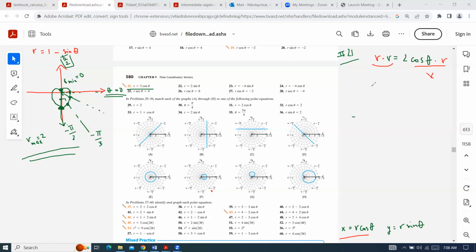And here we have r squared, and we already know that x squared plus y squared is equal to r squared, Pythagorean theorem. So this will be x squared plus y squared then. And then this number 2 is the only thing that is left, right? So just copy it. So 2 is here.